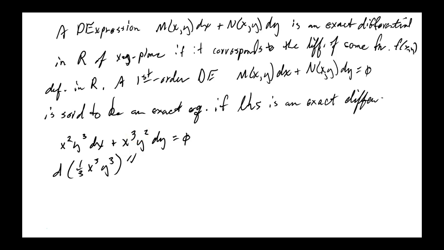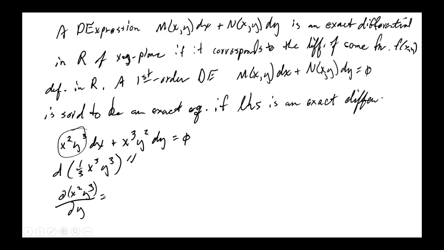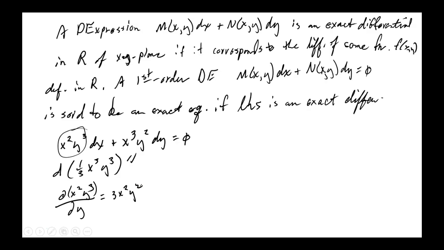So here's something to note. What if we took the partial of this thing with respect to the other variable? Partial of x squared y cubed, but with respect to y. What would that give us? Three x squared y squared. You're absolutely right. Now let's do the same thing to this one, but with respect to the other variable.